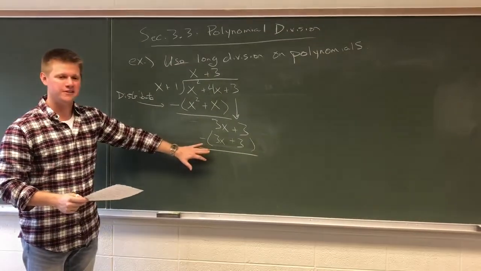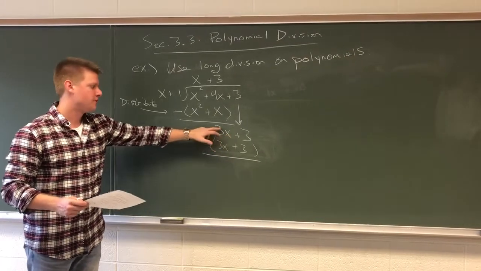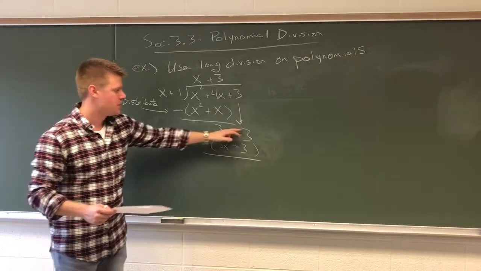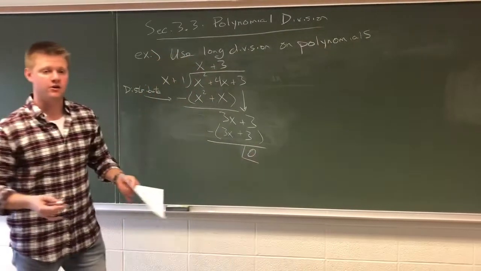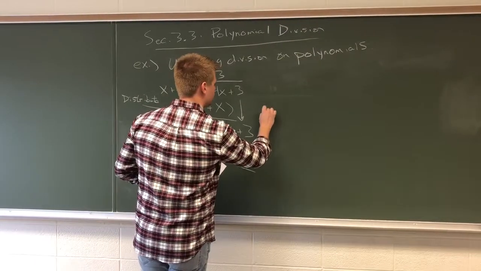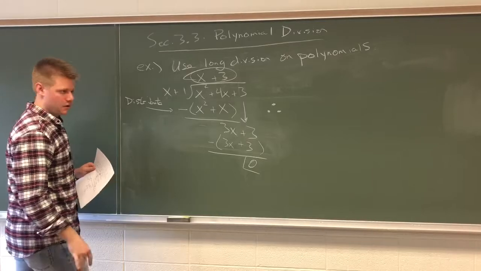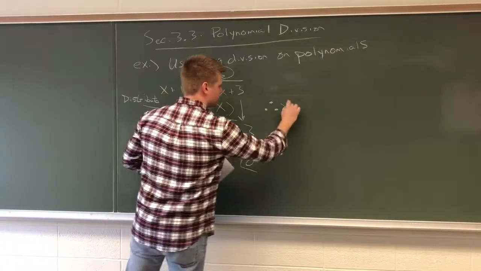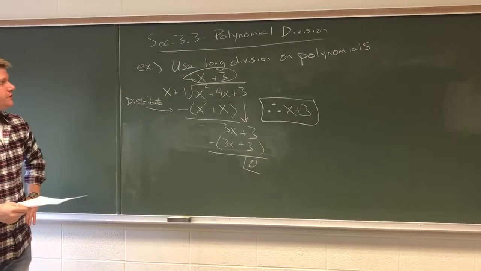So what you can hopefully see right now is we're subtracting exactly the same thing from itself. 3x minus 3x cancels, 3 minus 3 is 0. So that leads us to a remainder of 0, leaving us with a final quotient of x plus 3 as the final answer to our division there.